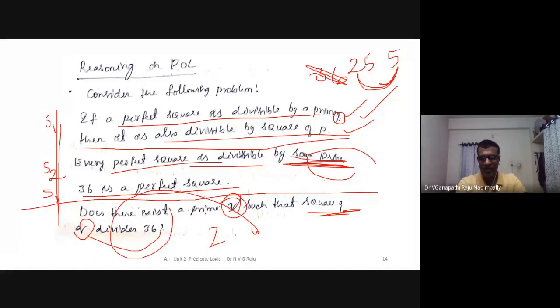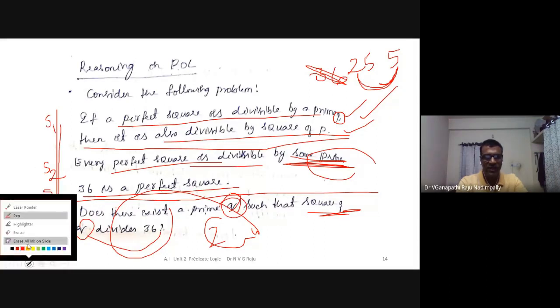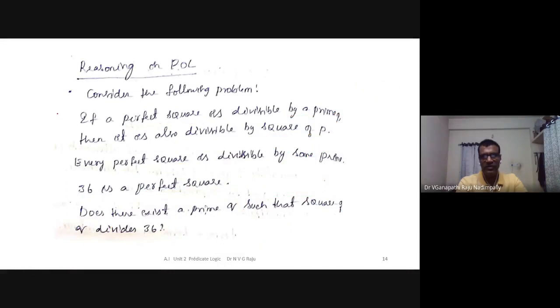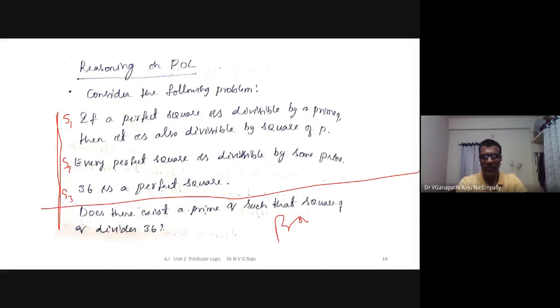I have to prove it. Just for example I have taken 2. It can be any number, that will prove it. If the statement is okay, then we will start the process. Take this as first statement S1, this as second statement S2, this as statement S3, and this is what we have to prove.